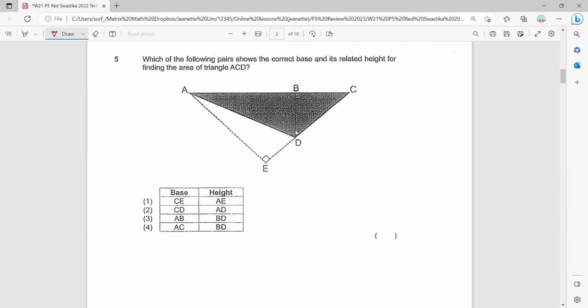So let's say if we were to take AC as the base, then the height will be the perpendicular height, which is BD. Okay, so it will be AC and BD. Now we check AC and BD, do we have that in the figure? Yes, we do. The fourth one. So answer is 4.